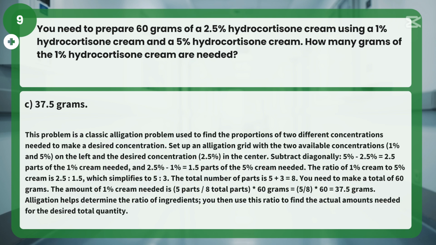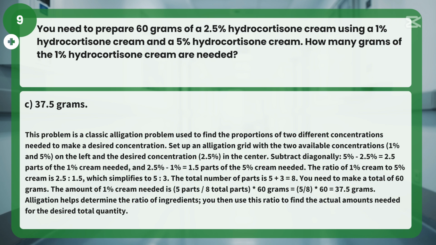Answer: C. 37.5 grams. This problem is a classic alligation problem used to find the proportions of two different concentrations needed to make a desired concentration. Set up an alligation grid with the two available concentrations, 1% and 5%, on the left and the desired concentration, 2.5%, in the center.